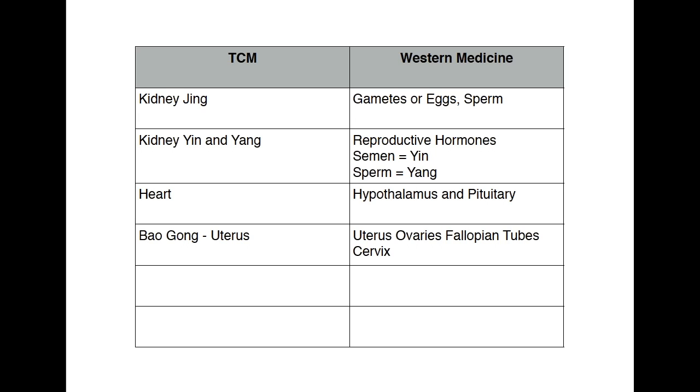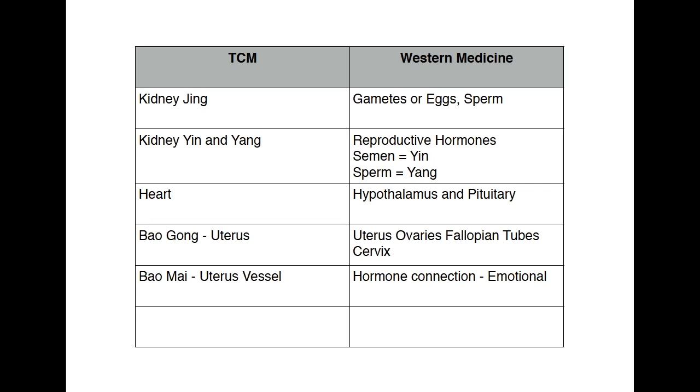Especially in the menstrual cycle, the emotional state of the woman, which in Western terms is understood as hormones associated with the hypothalamus and the pituitary, is really important for the smooth functioning of ovulation, the free flowing of the blood, and the whole smooth flow of the cycle.